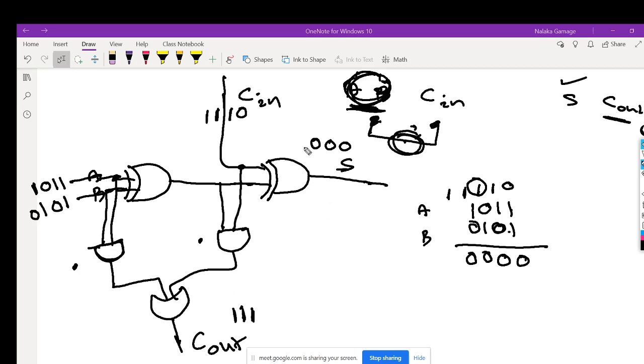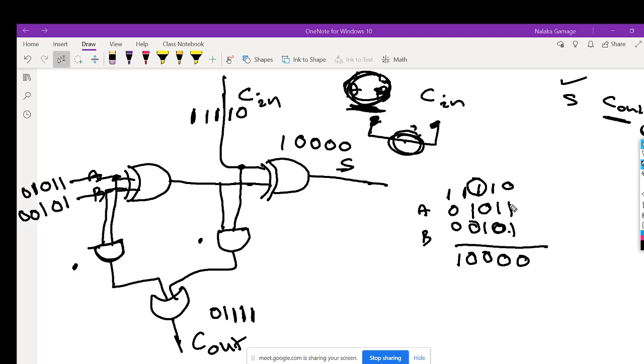Now these A and B values are 0. Now again it will be adding 0 and 0, but there's a carry of 1. Sum is now going to be 1, but your carry is going to be 0, and you are done. So that is going to be your answer, 1 0 0 0 0 0.